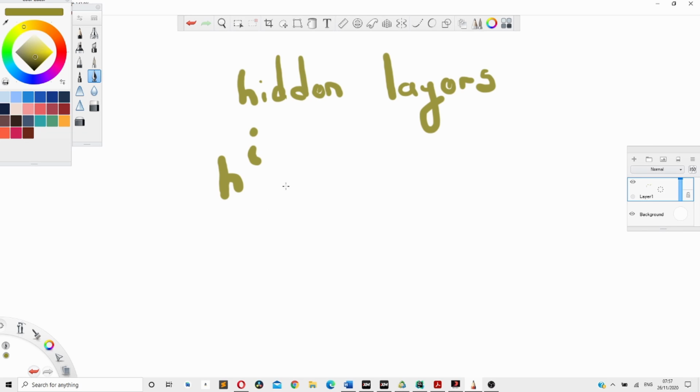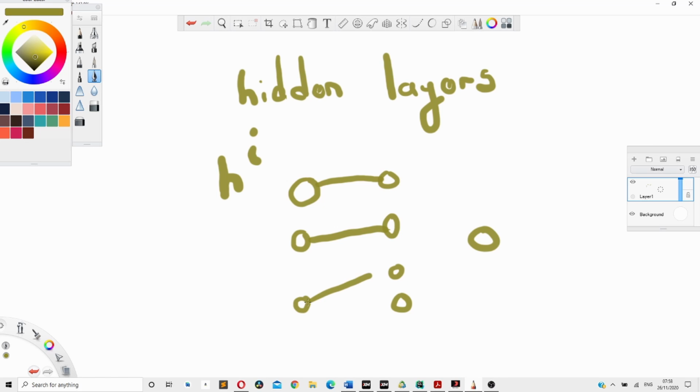From our previous neural network architecture, let me just draw a sketch of this neural network here, a neural network with one hidden layer.